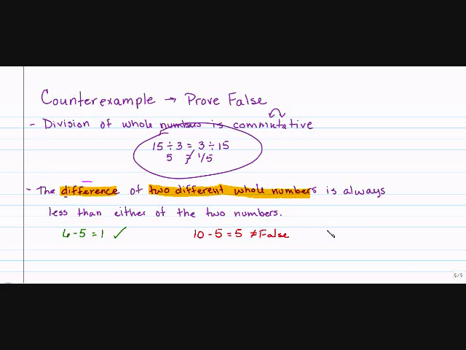Another statement that would prove it false, and there's many of them out there, 20 minus 1 equals 19. Is 19 less than 1? No. Is 19 less than 20? Yes. But what our conjecture is saying is that our answer, 19, has to be less than both whole numbers. So once again, we prove this statement, or our conjecture, false.